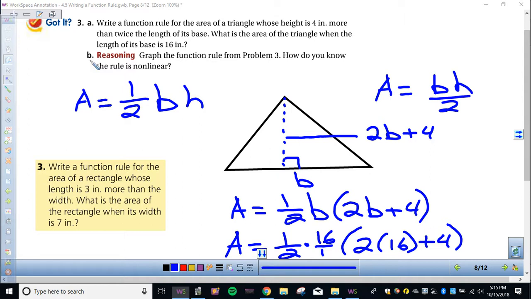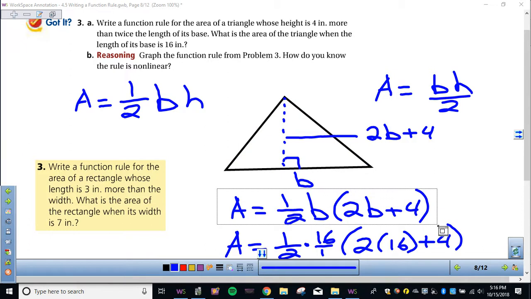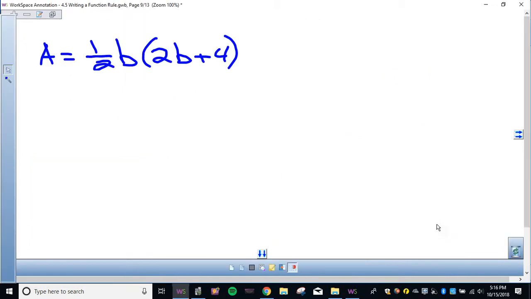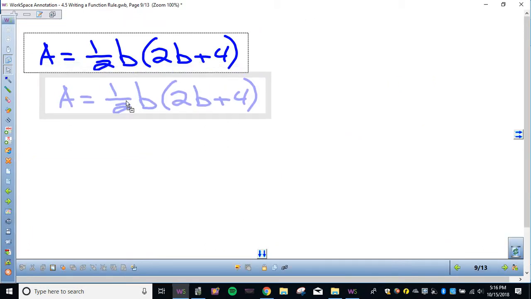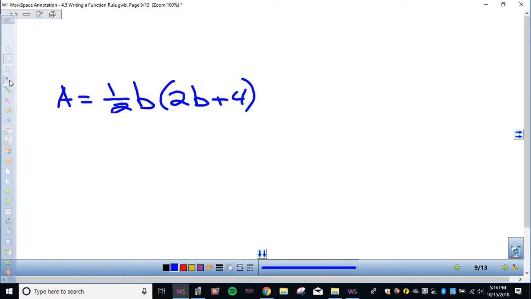So I'm going to take our original equation before I plugged anything in and manipulate that equation so we can see if it'll be linear or nonlinear. So I can take this entire term and distribute it into the parentheses.